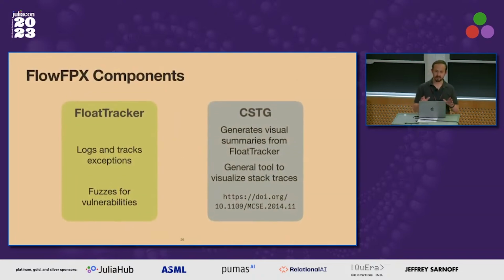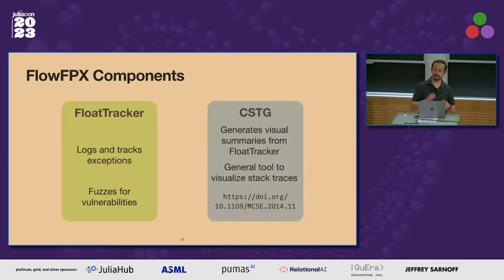There are two main components to FlowFPX right now that we'll talk about today: float tracker and coalesced stack trace graphs, or CSTG. Float tracker uses Julia's types and overloading to produce stack traces and fuzz programs from the inside out. And CSTG takes the stack traces that float tracker produces, and it can coalesce and diff those stack traces.